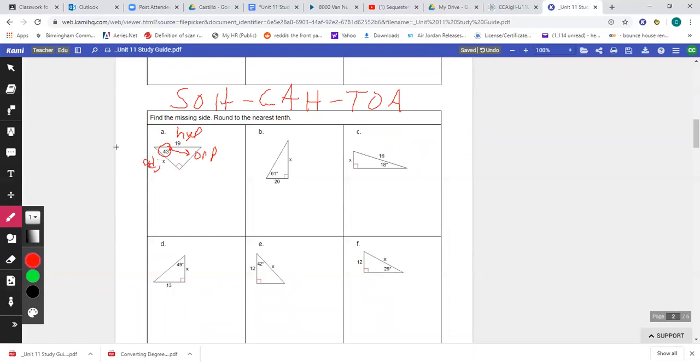However, what do they give you? They give you the hypotenuse, and they're looking for the adjacent. So you go to your Sohcahtoa and see which of the three ratios, sine, cosine, or tangent, has adjacent and hypotenuse. Well, that's A, and that's H. So you're going to use cosine.